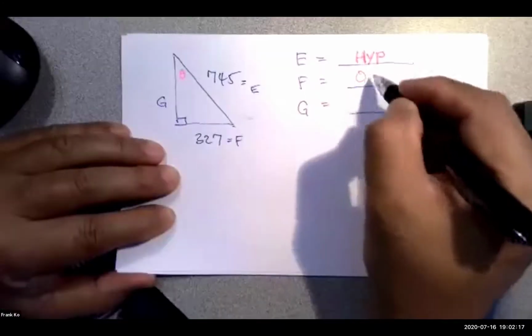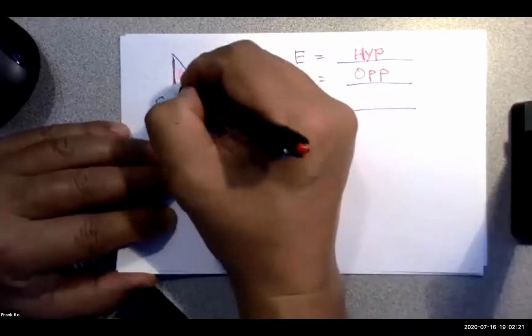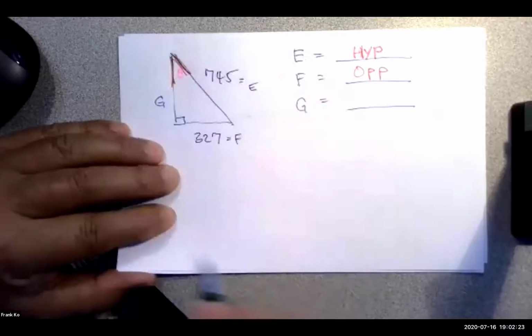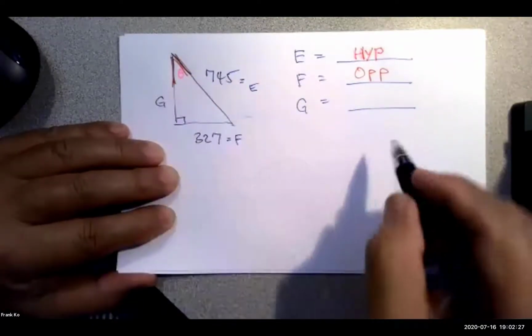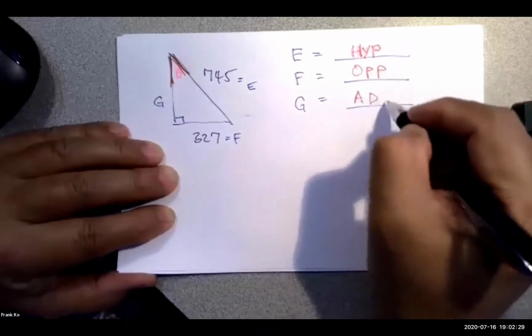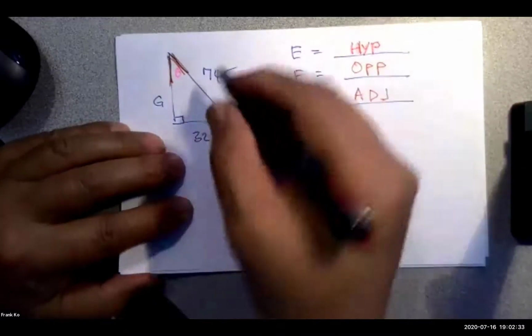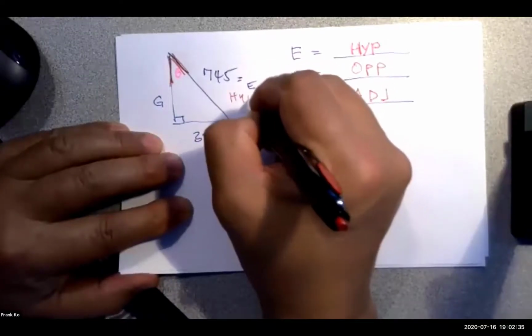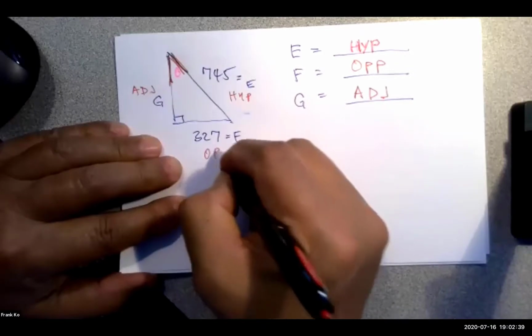F is opposite. Okay, F is opposite, you are correct. And the side of G, which helps to form the angle right there, must be, because one side's hypotenuse, the other side must be adjacent, yes? All right. So let's go ahead and write these names. We have an HYP over here, we have an ADJ over here, and we have an OPP over here.